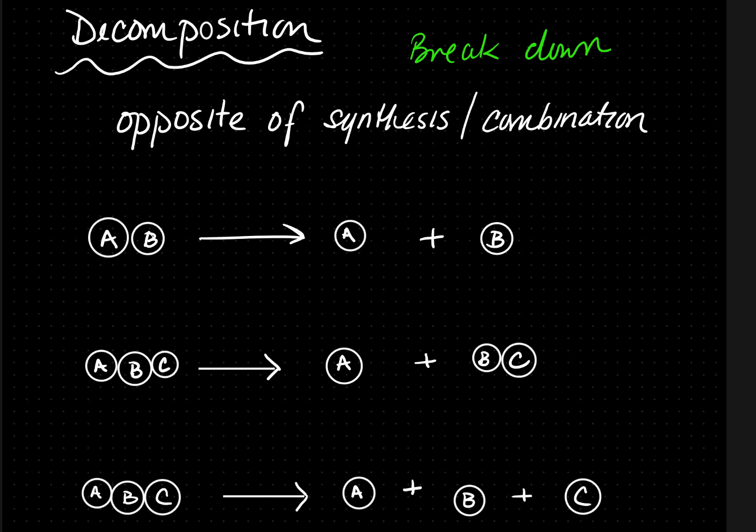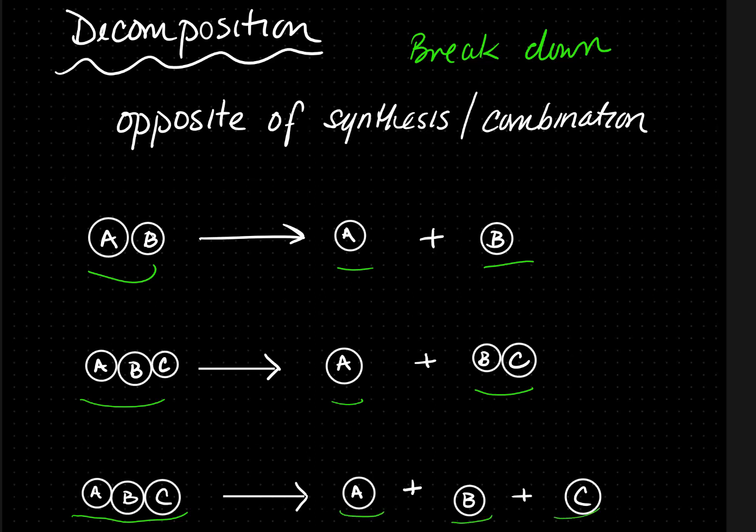So you could have AB, which is a compound, breaks down to element A and B. Or you could have compound ABC and it could become an element and a compound BC. Or you could have a compound ABC and it will break down to smaller elements A, B, and C.